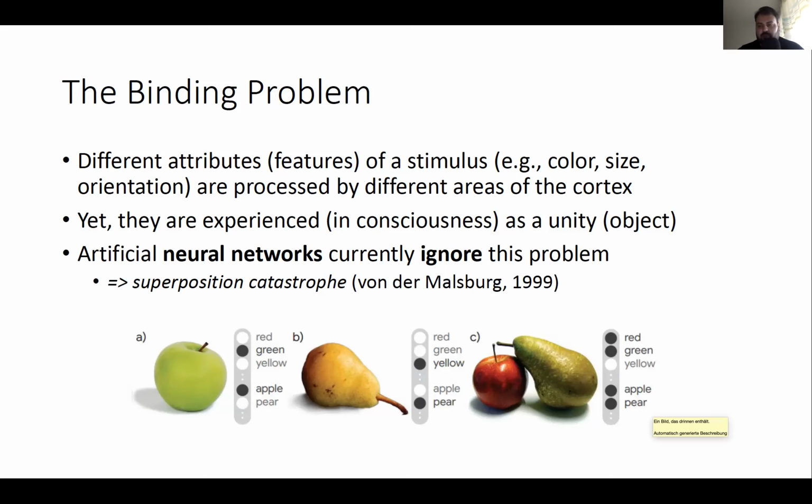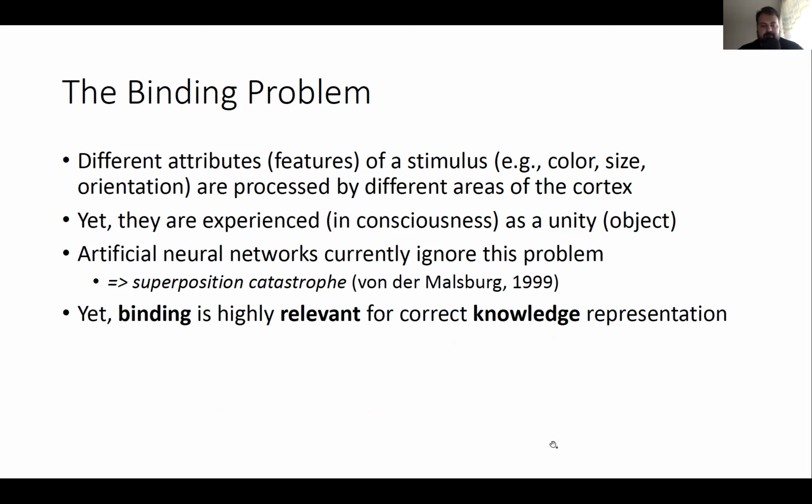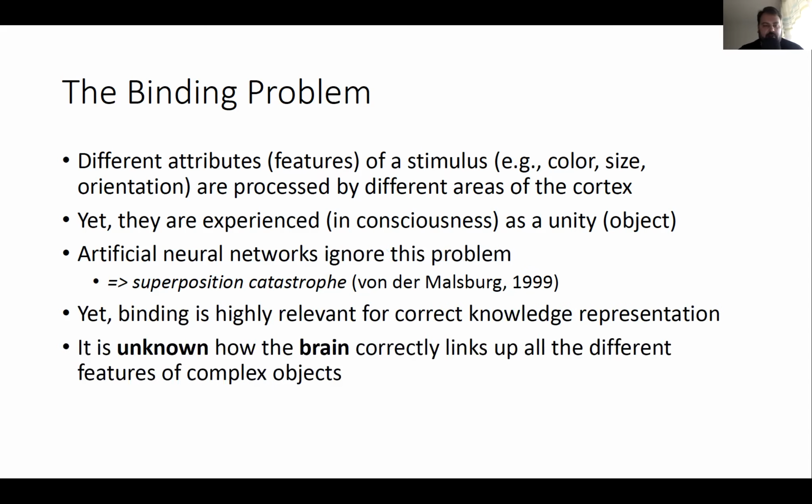You could also think that there's maybe a red pear in the image. And that's also why binding is highly relevant for correct knowledge representation, which has been underestimated in artificial neural networks. But the major problem is that it's completely unknown how the brain correctly links up all these different features.